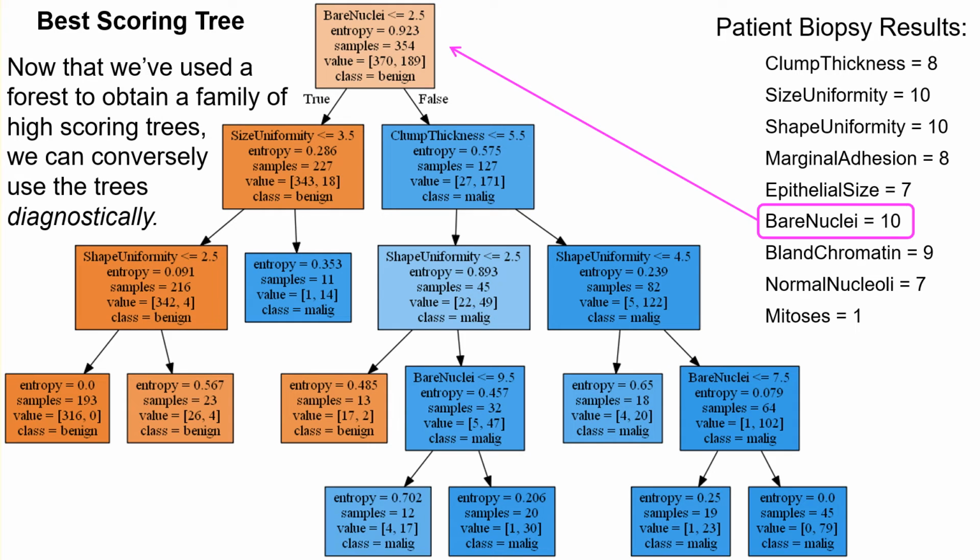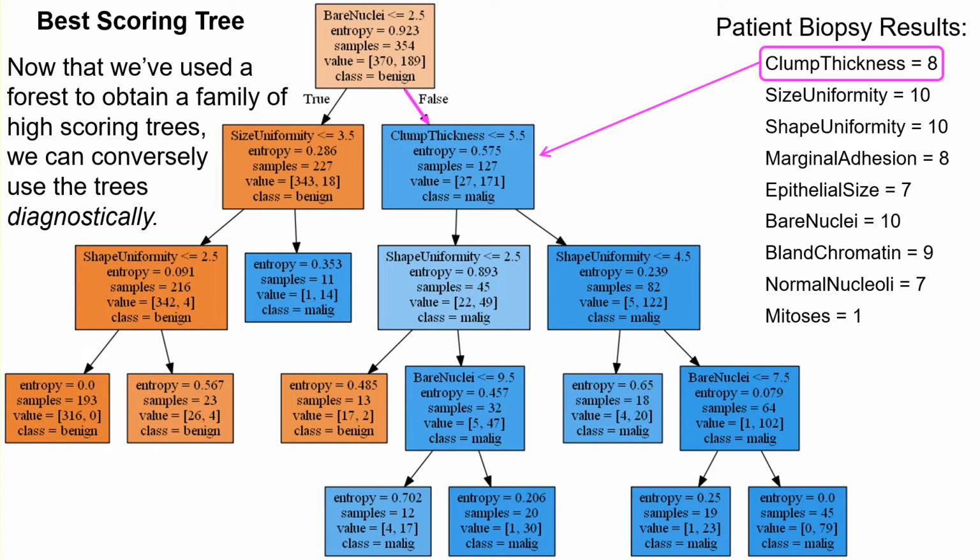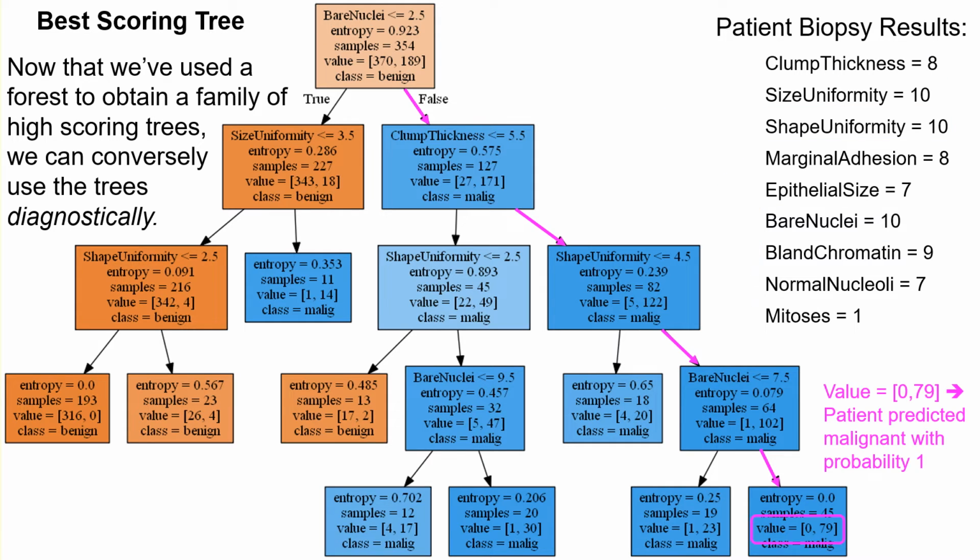Well, bare nuclei is the first decision, and then we get to clump thickness, and then shape uniformity, and bare nuclei again, and we have a patient that's been predicted, unfortunately, malignant with probability 1.